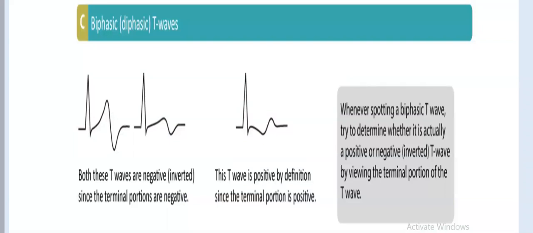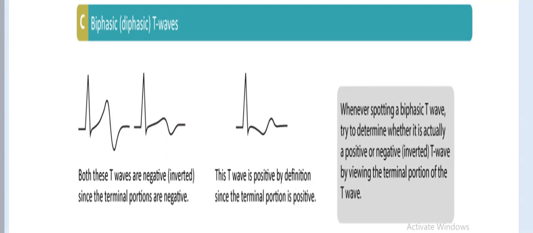When we talk about biphasic, some people think biphasic is non-specific. They immediately relegate it to non-specific and you don't have to be concerned about it at all. Other people assume no, biphasic T wave is meaningful. And we have to tell exactly, is it inverted or not inverted, according to the second portion of it.